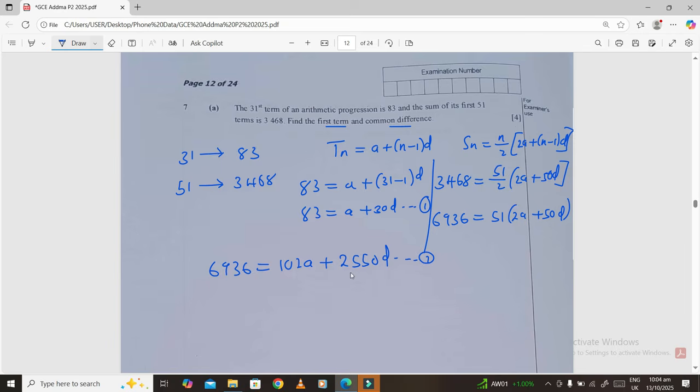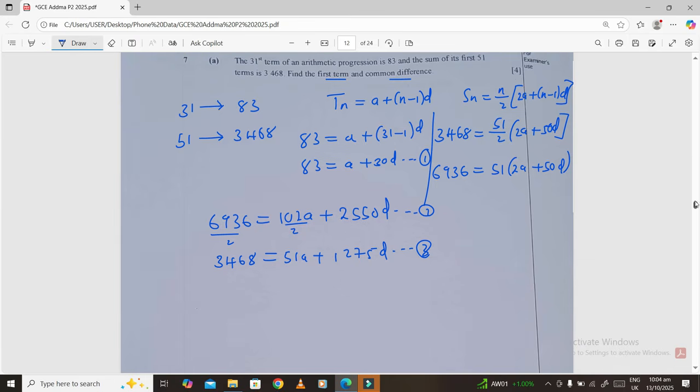We can simplify it by dividing by 2 throughout. So when we divide by 2, here we're getting 3,468 when divided by 2. Even here when divided by 2, we're getting 51A plus here we divide by 2, we're getting 1,275D. So we've got now these two equations we need to solve simultaneously.